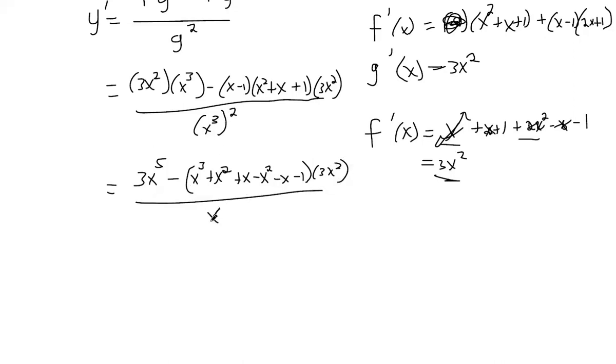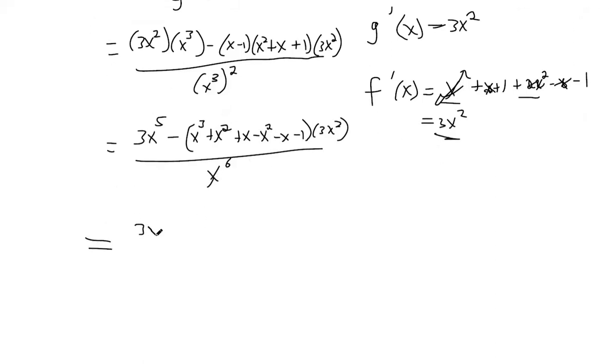Powers on top of powers multiply. And so we've got 3x to the fifth, and it's still minus. Look, when you clean this up, x squared minus x squared makes nothing. X minus x makes nothing. And you got x minus 1, so you just got x to the third minus 1 in here. So you distribute that 3x squared into it, you're going to get 3x to the fifth minus 3x squared. That's all over x to the sixth.